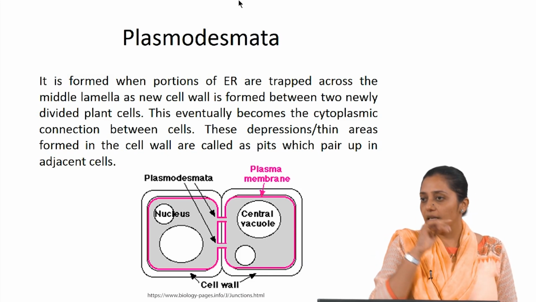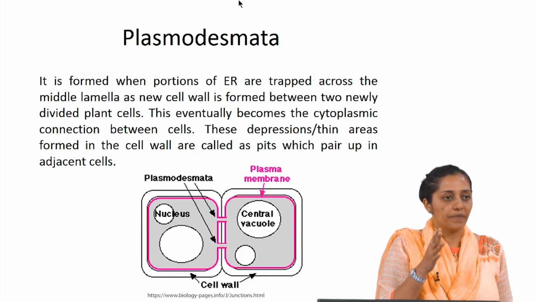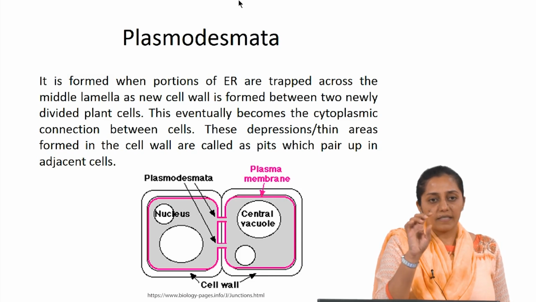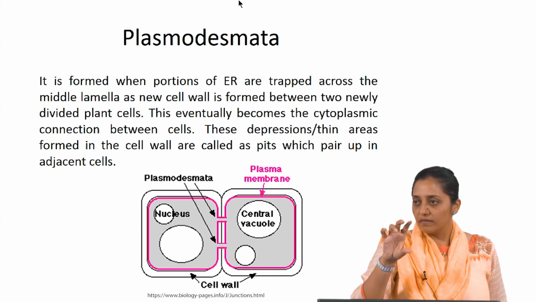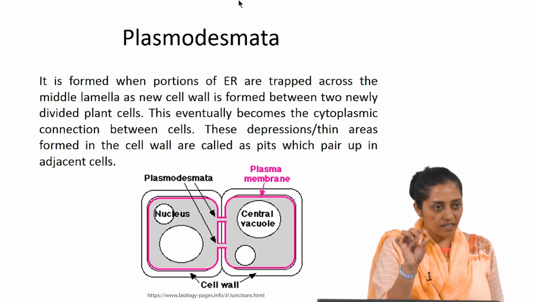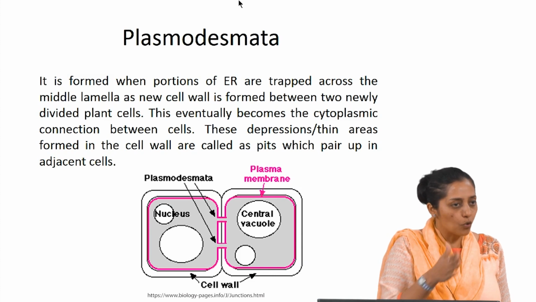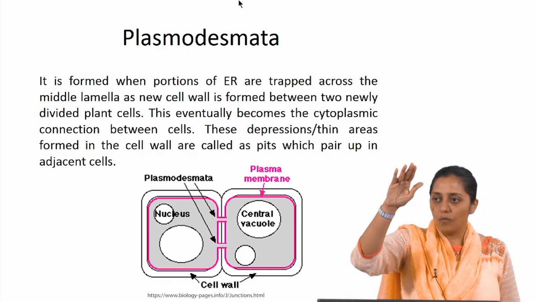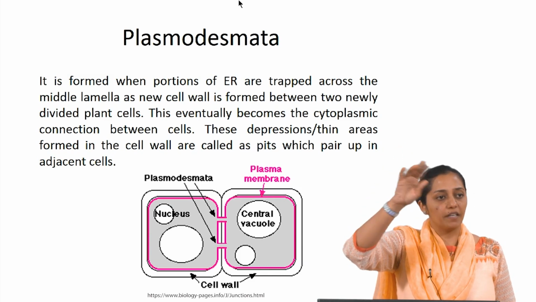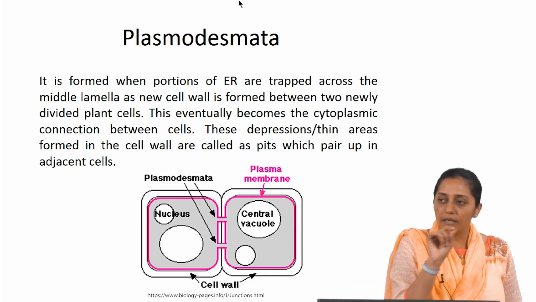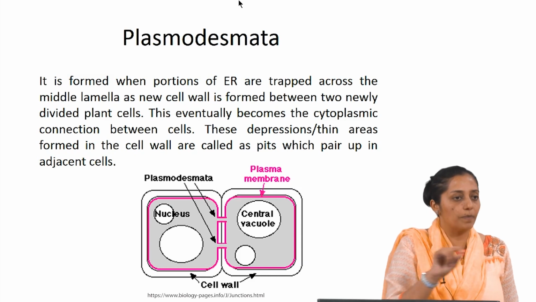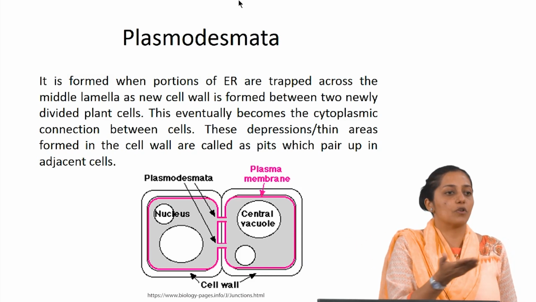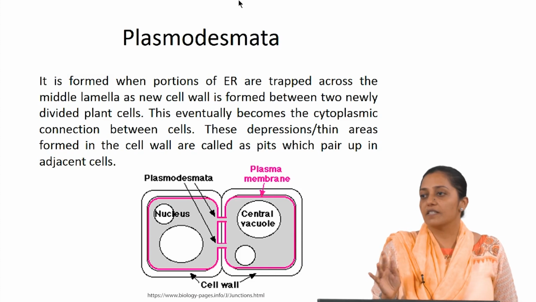You remember the middle lamella above the primary cell wall? As the cell is dividing, what happens? The cell wall doesn't get made near these regions, or it is so thin that the endoplasmic reticulum passes through. The plant cell wall is then made in continuity with the adjacent cells, and those compressed regions of endoplasmic reticulum then become the continuity, or you call them holes, among the adjacent plant cells.